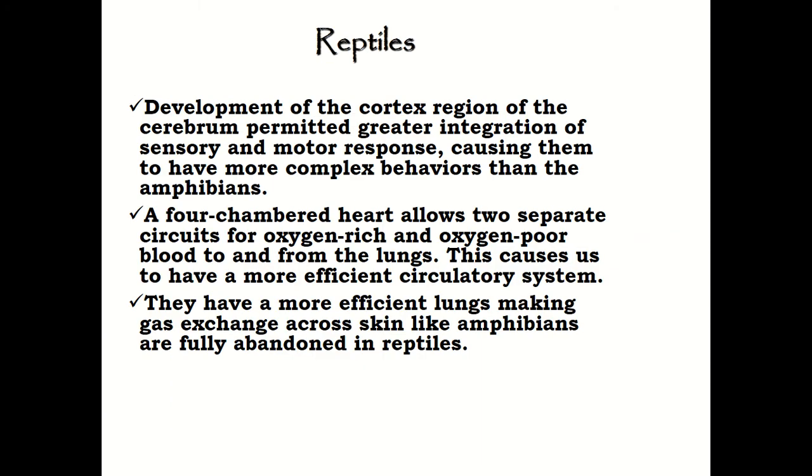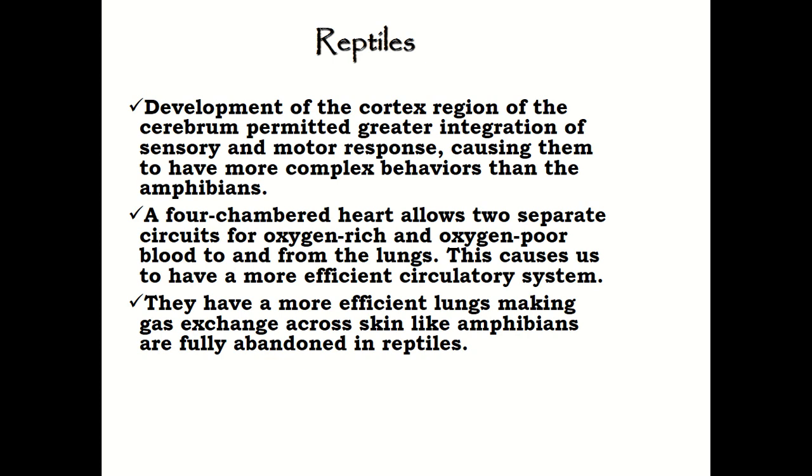So development of the cortex regions of the cerebrum also permits greater integration of sensory and motor responses. So this causes the reptiles to have more complex behavior compared to amphibians.